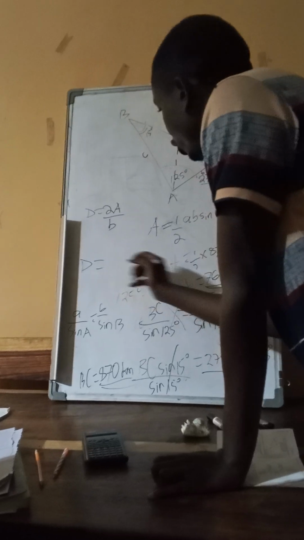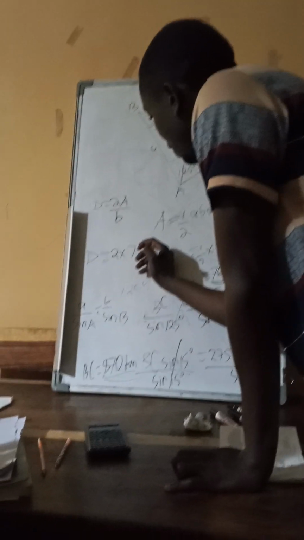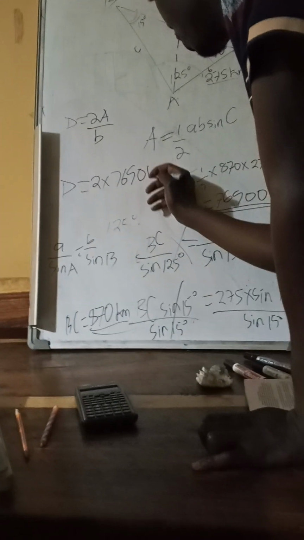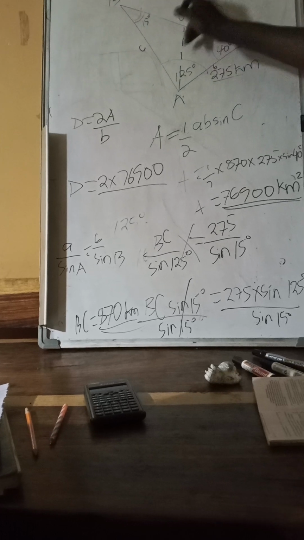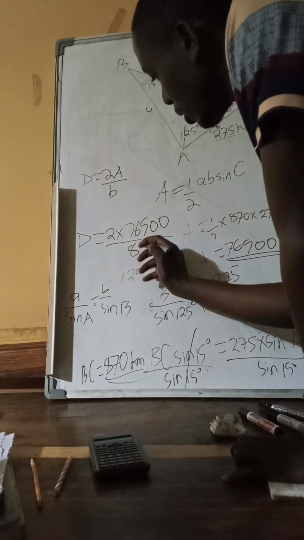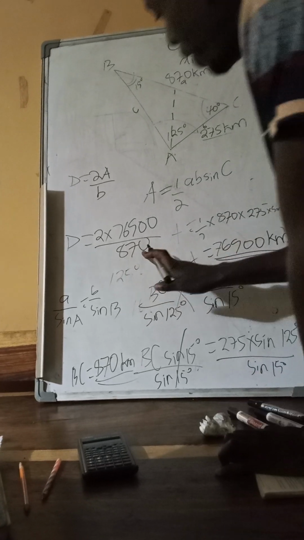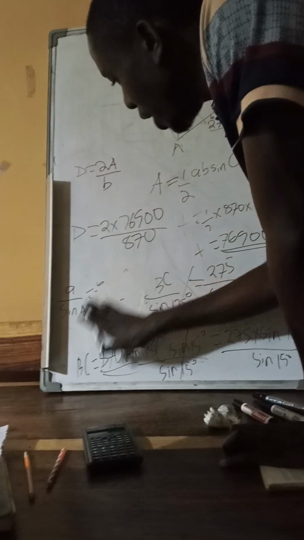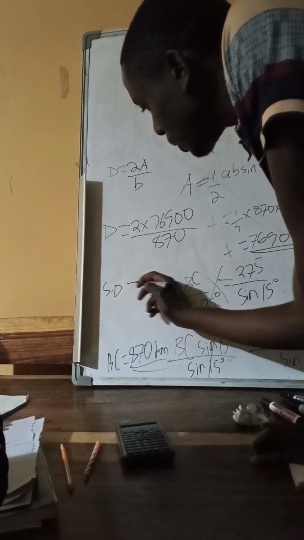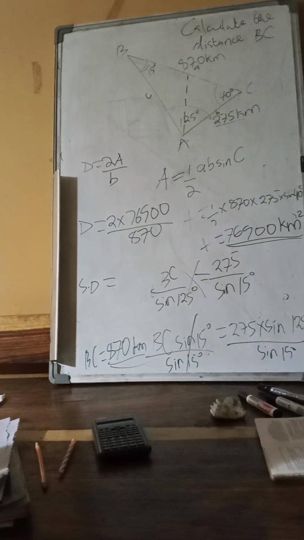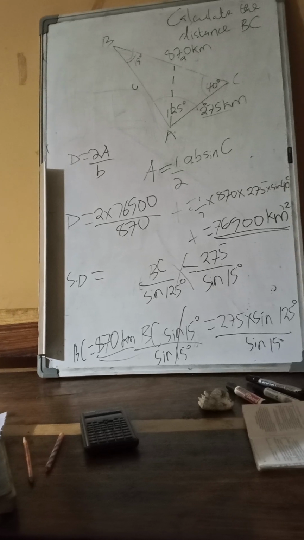will be equal to 2 times the area, 76,900, over the base. From A to BC, meaning the base is BC. BC we found was 870. What is 2 times 76,900 divided by 870? So shortest distance is equal to 2 times 76,900 divided by 870.